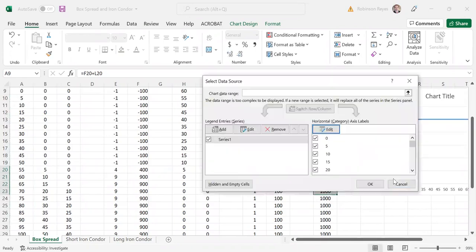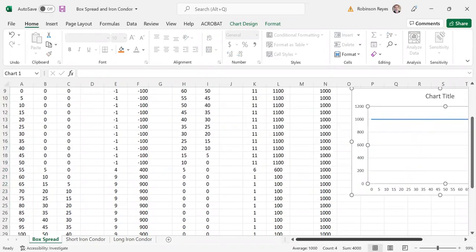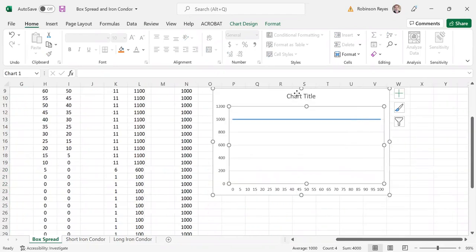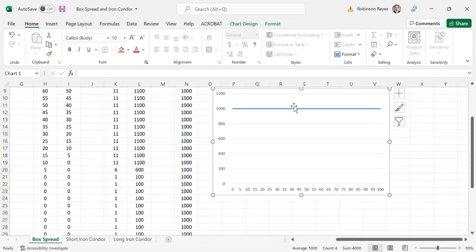So we are considering these possible stock prices by the time we close our box spread. The stock could go down to zero, or it could go up to 100. You could continue and just check what happens if the price is a million, regardless of if it's zero or a million.